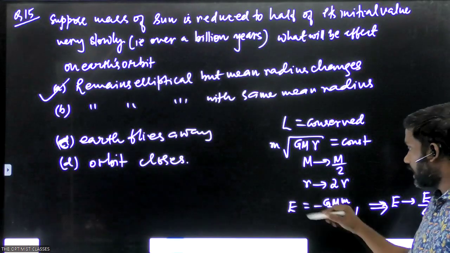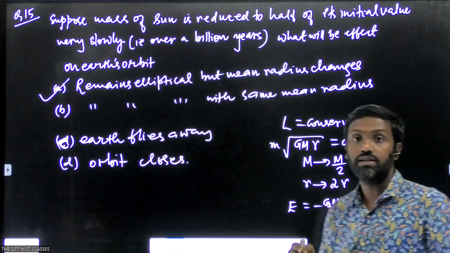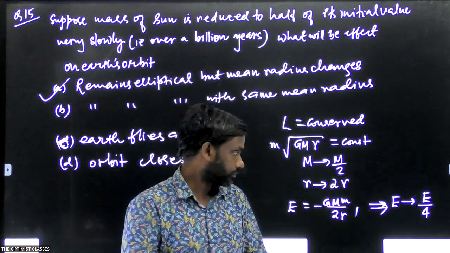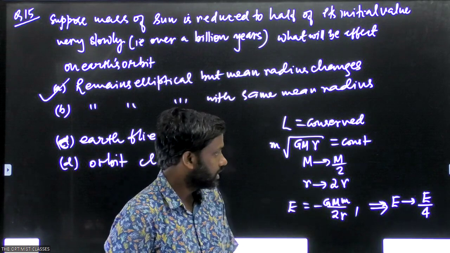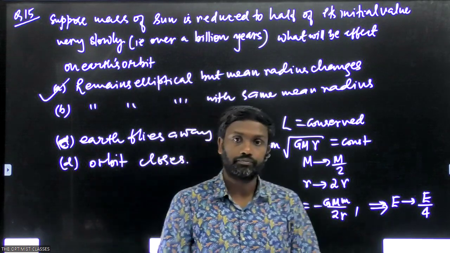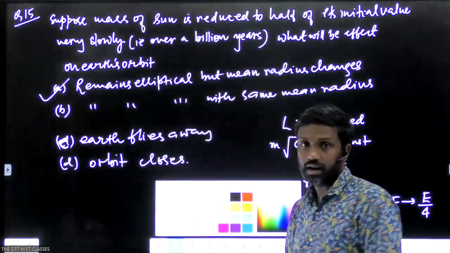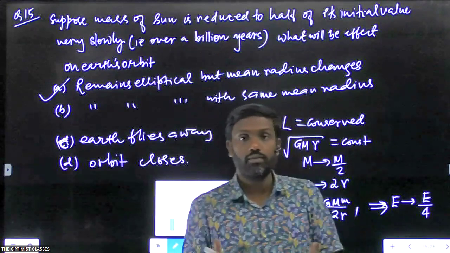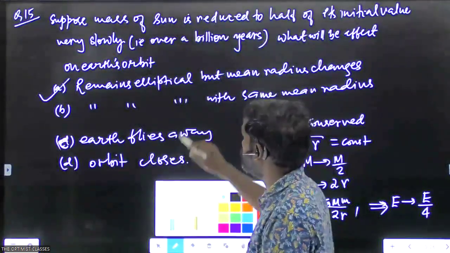So if you calculate the energy, then the energy is becoming E by 4. That means the energy is becoming less negative, right? So the energy here is becoming E/4, but it is not becoming zero or positive. It is remaining negative. Since it is remaining negative, the orbit should remain elliptical.